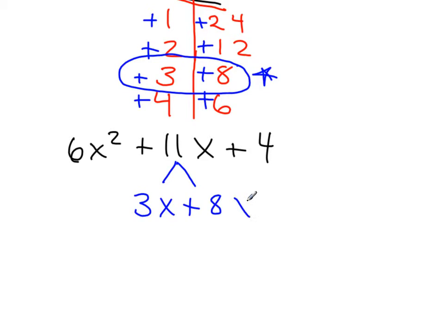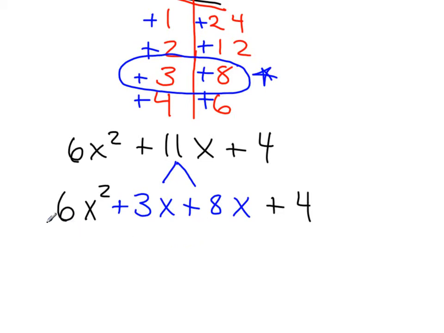And we could all agree, because these are like terms, 3 plus 8 is 11. So I broke it up into the 2 factors. Now that's not to say this 6x squared disappeared, that's still there, and that plus 4 is still there. But now I have 4 terms. Do not be tempted to recombine these. Our intention is to break them apart so we can factor this polynomial.